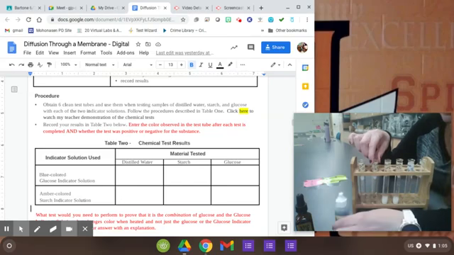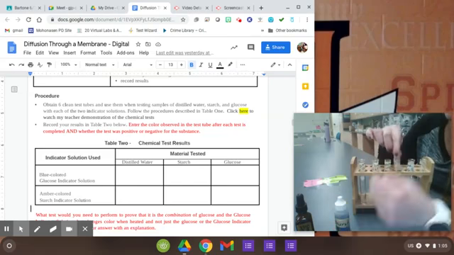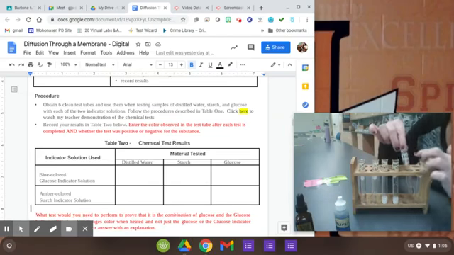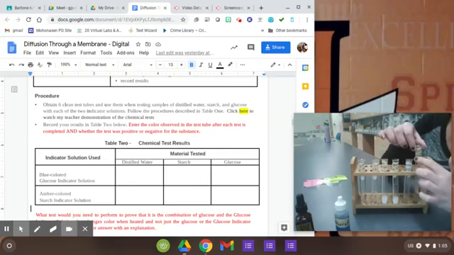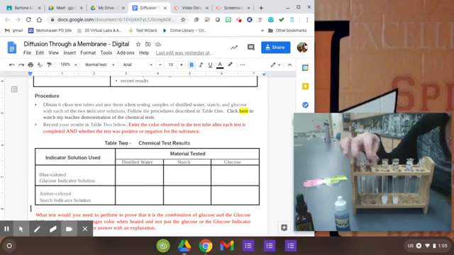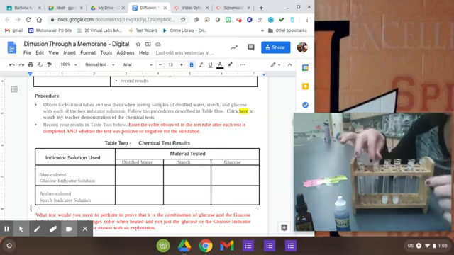This one is starch with glucose indicator, this one is starch with starch indicator, this one is glucose with glucose indicator, and this one is glucose with starch indicator. I'm going to switch these so it goes glucose, starch each time.